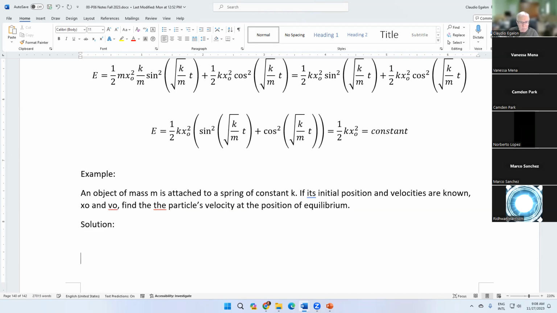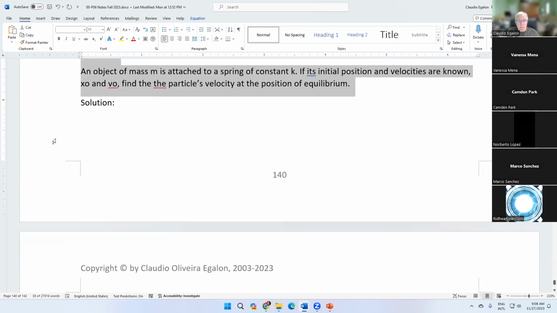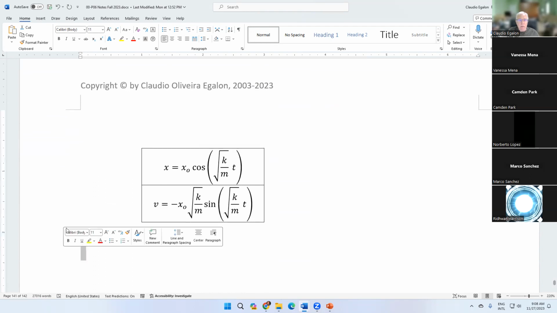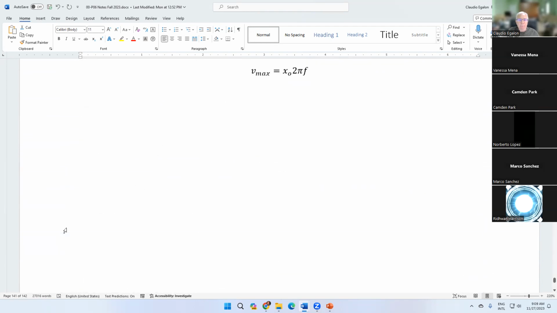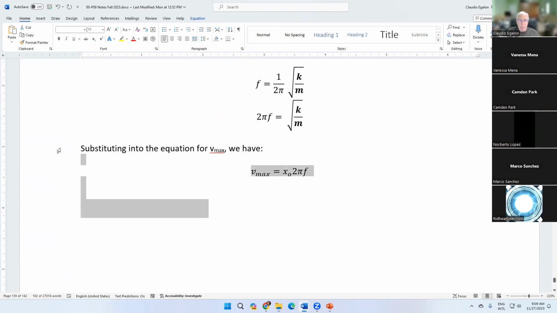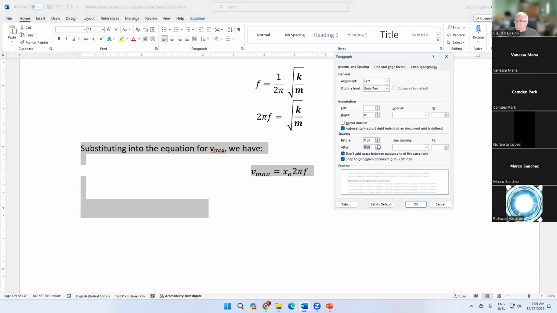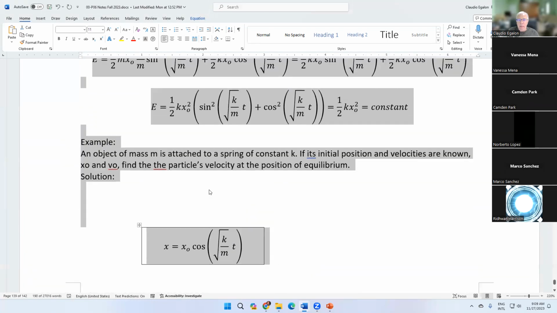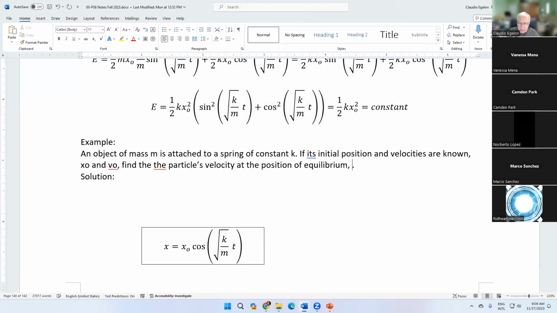Solution. The position of equilibrium. Don't forget the position of equilibrium, right?